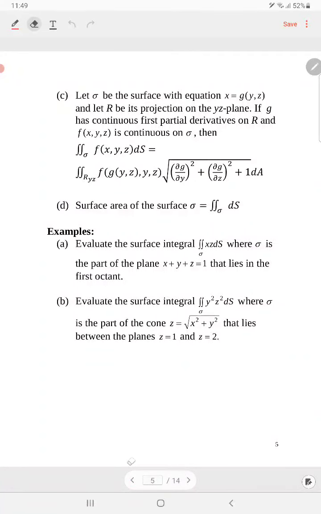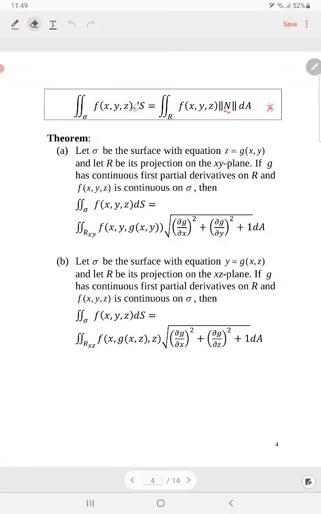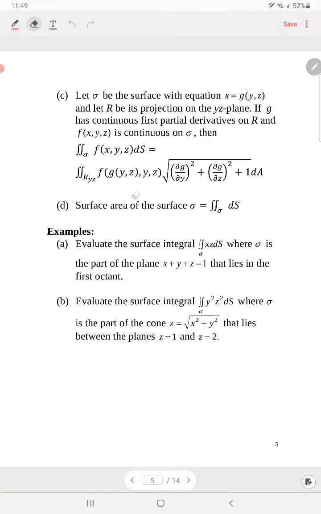The last case here is where your function f is equal to 1. If you only have ds integrated over surface sigma, what you are calculating is really the surface area of the surface sigma. So if f is equal to 1, you only integrate ds.